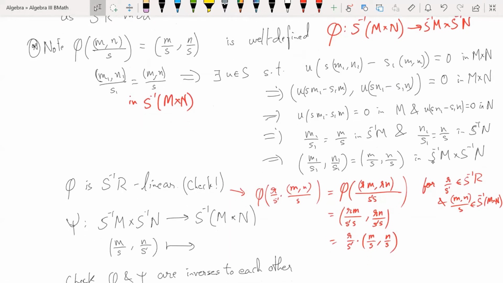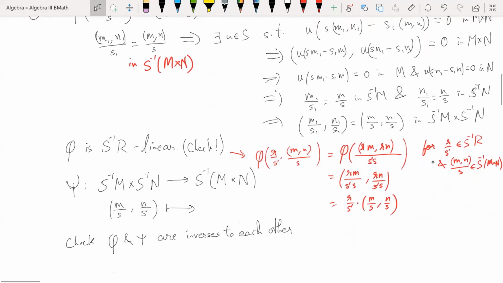So these two terms are equal, and this is the same as r over s prime times m over s comma n over s, which is precisely phi of mn over s. So phi is stable under scalar multiplication, and you can also check it under addition. It's not difficult, probably easier. Okay.